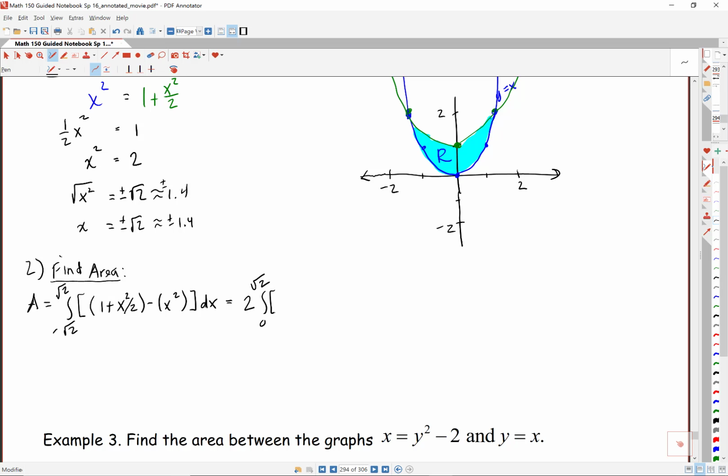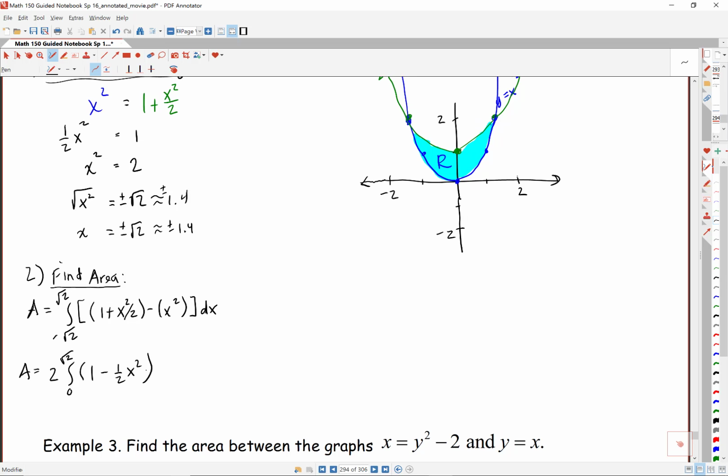Actually, let me go vertically. So the area would be 2 times the integral from 0 to root 2. And I'm going to simplify this. So we're going to end up with 1 minus 1/2 x squared dx.